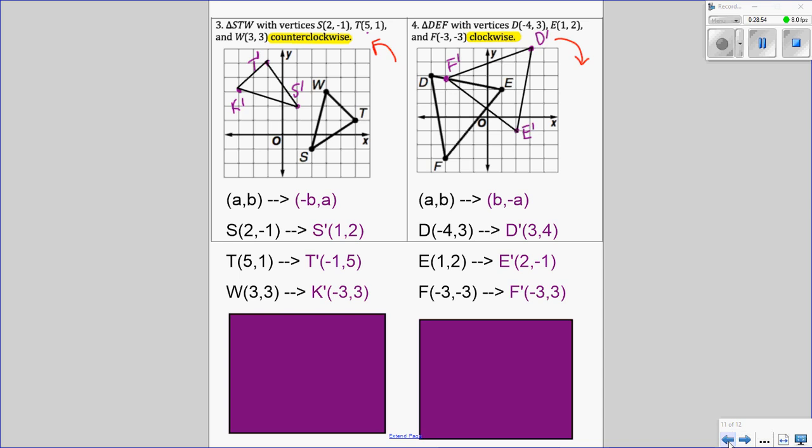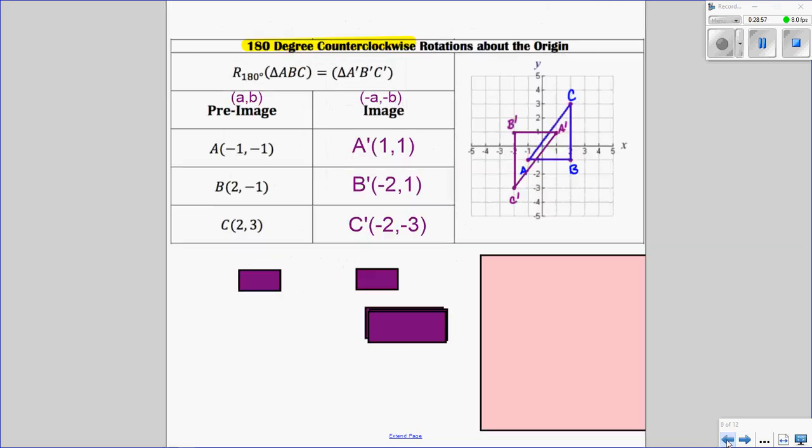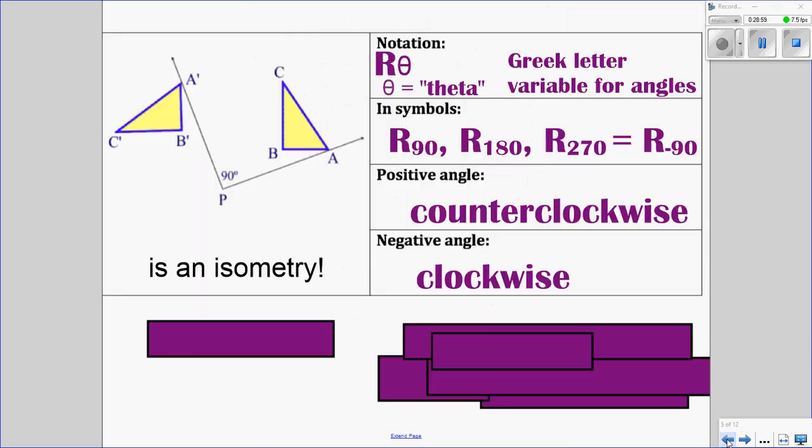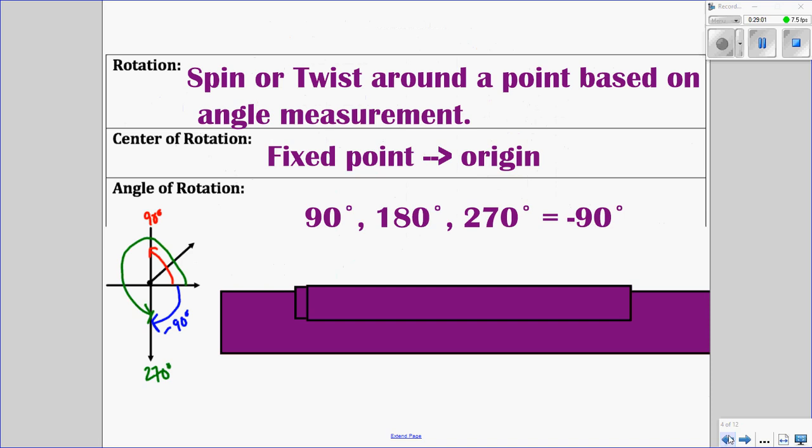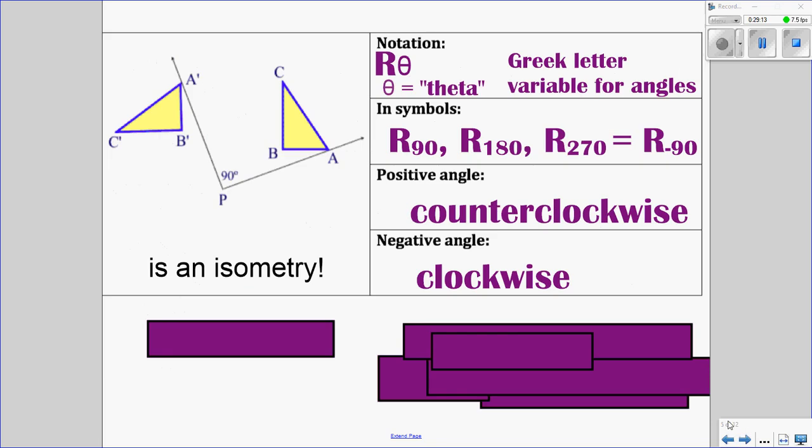Alright, so we've reached the end. Let's do a recap of what we learned about rotation. We learned that it's a spin or a twist around a fixed point, and it's based on an angle measurement. You have either 90 degrees, 180, 270, and 270 is the same as -90 degrees. When you're going to the left, you're going counterclockwise. When you're rotating to the right, you're doing clockwise.